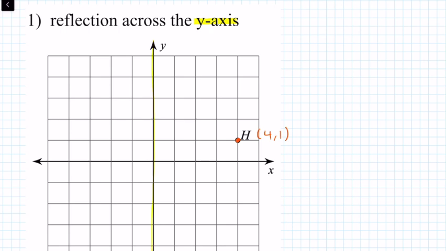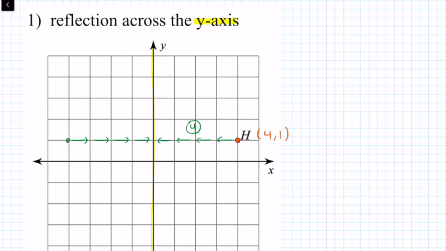And the way that you're going to do that is that you're going to count. How far away is that point from the line of reflection? So we're going to just make moves towards the line of reflection from our given point. So we are 1, 2, 3, 4 units away from the line of reflection. And so therefore we're going to flip this over the line of reflection and maintain that same distance away from that line of reflection.